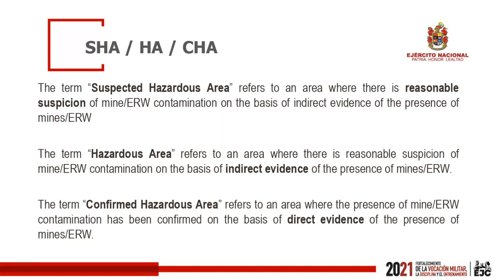But maybe you have a question. Maybe you say, well, when can we see indirect evidence or direct evidence? Indirect evidence is when we have suspicions about a contamination, but the leader of the team or the members of the team cannot see the contamination in the area, cannot see the wires, the elements, the mines, but have suspicion because they have information about enemy groups, guerrillas, that we have here in Colombia, and the presence of those groups.